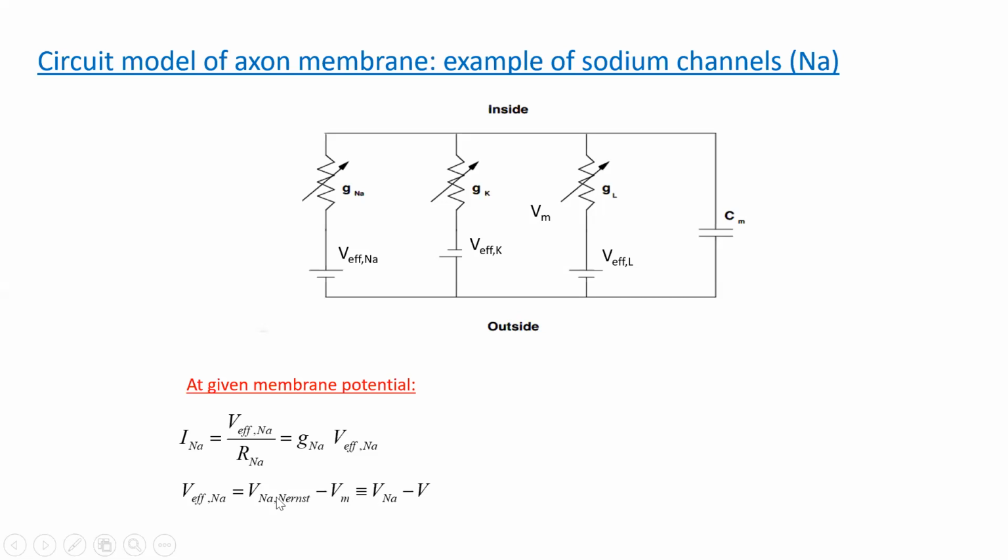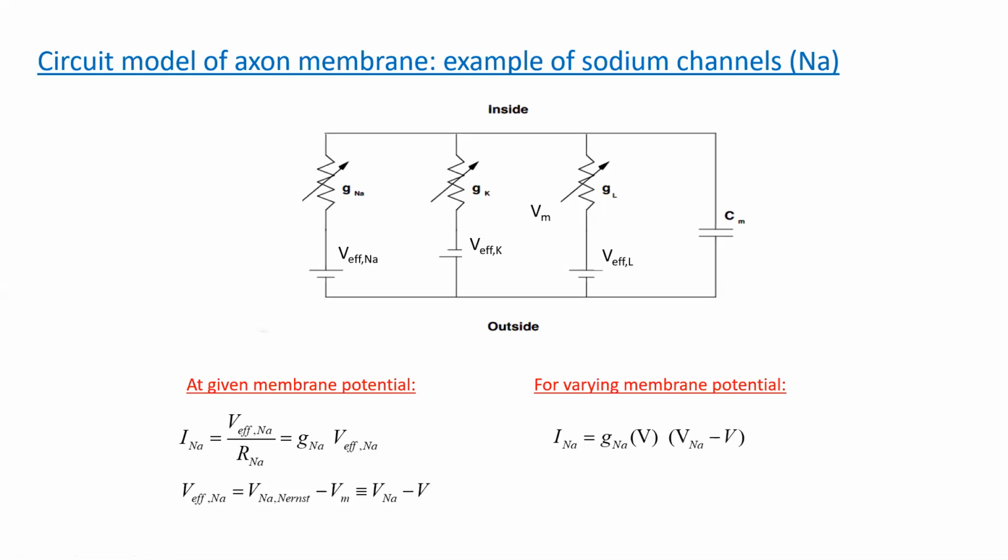And we abbreviate the Nernst potential for sodium, instead of writing Nernst, as V_Na, understanding that means the Nernst potential. And the membrane potential we just write as V. Okay? Now, we know from the action potential that the membrane potential doesn't stay constant.